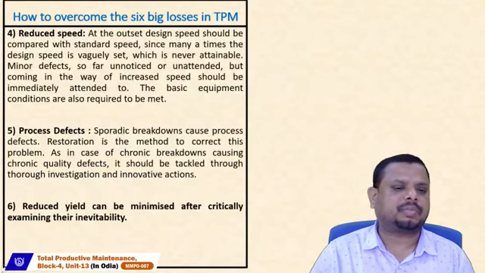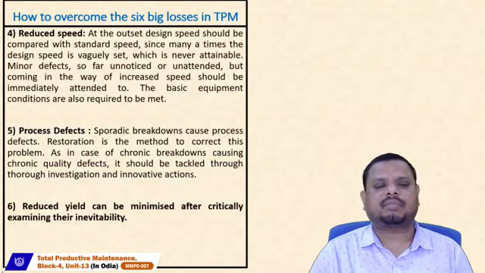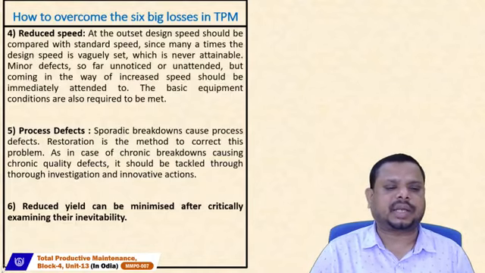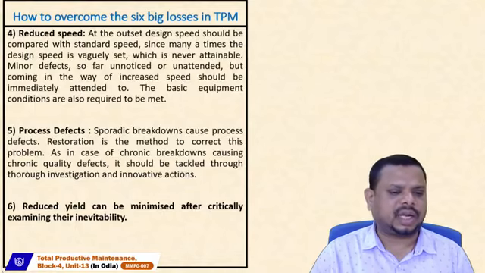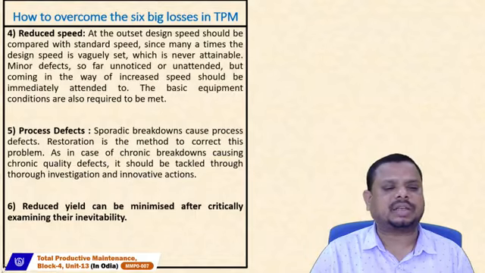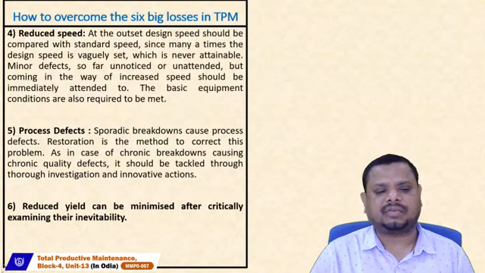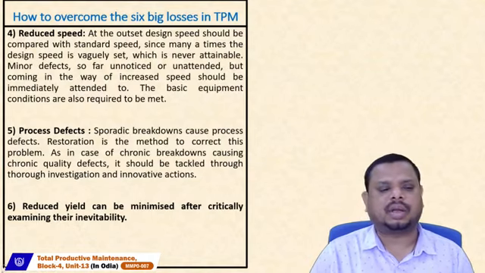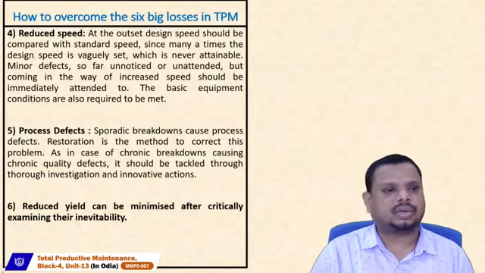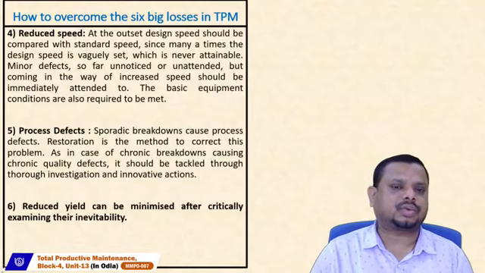The quality control department, combined with the maintenance department, can easily tackle the chronic breakdowns which directly affect quality defects. And the last one is reduced yield, which can be minimized after critically examining their inviolabilities. If you find the machine is inviolable, in that case you should remove the machine and minimize the reduced yields. So these are the 6 big losses in total productive maintenance.